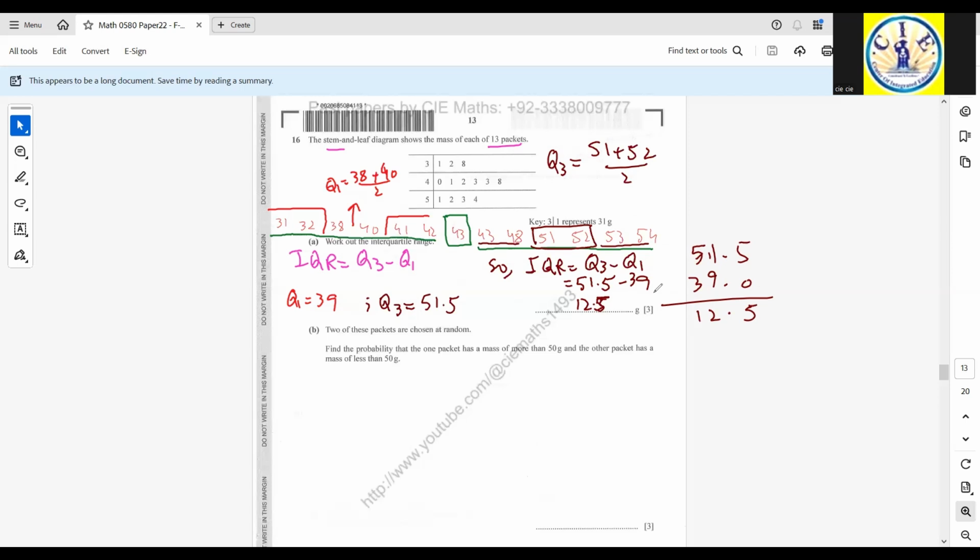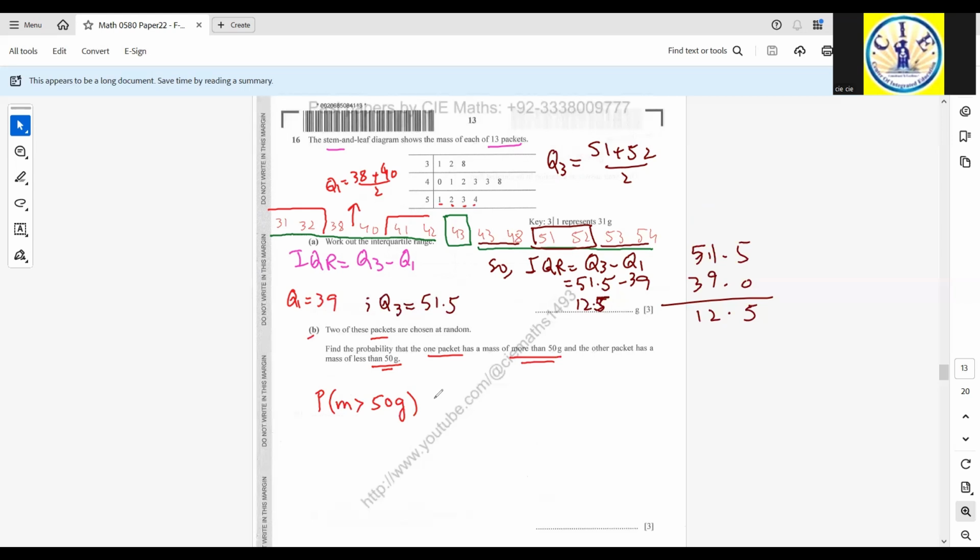Okay, now part B. Two of these packets are chosen at random. Find the probability that one packet has a mass of more than 50 grams and the other packet has a mass of less than 50 grams. Probability of mass greater than 50 grams: 1, 2, 3, 4.